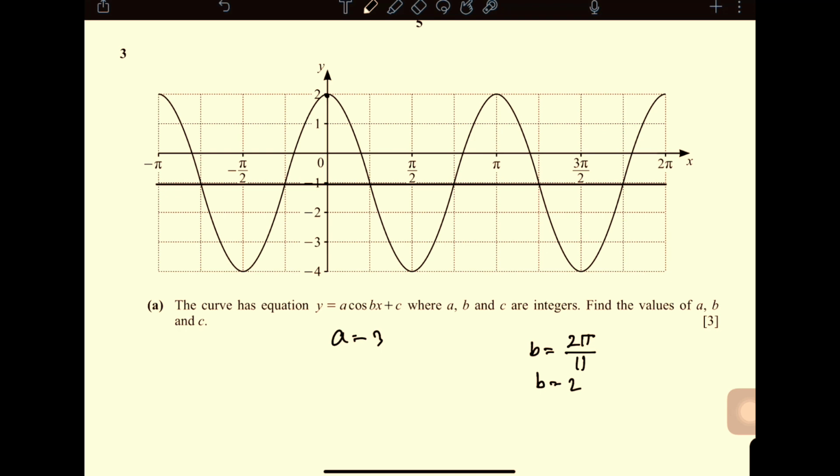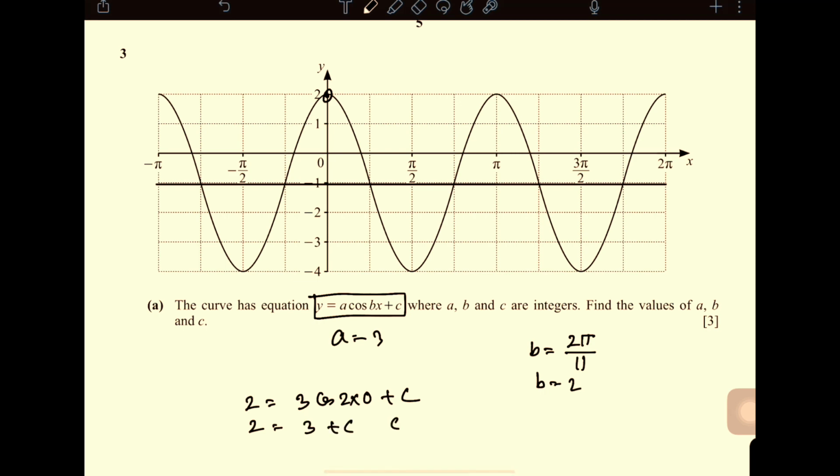Now since it meets at 0, 2, let me substitute a, b and these coordinates in this equation. y is 2, a is 3, cos 2 times 0 is 0, plus c. Cos 0 is 1, so this is 3 plus c, so c equals minus 1. So the values of a is 3, b is 2, and c is minus 1.